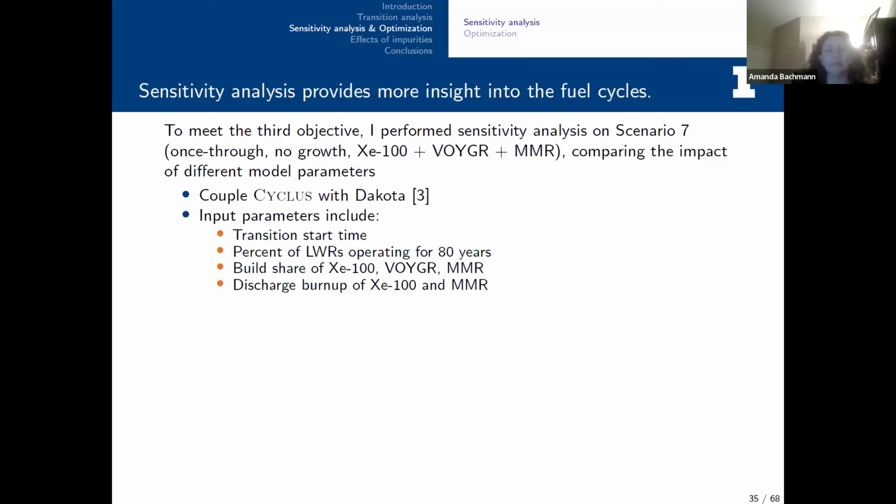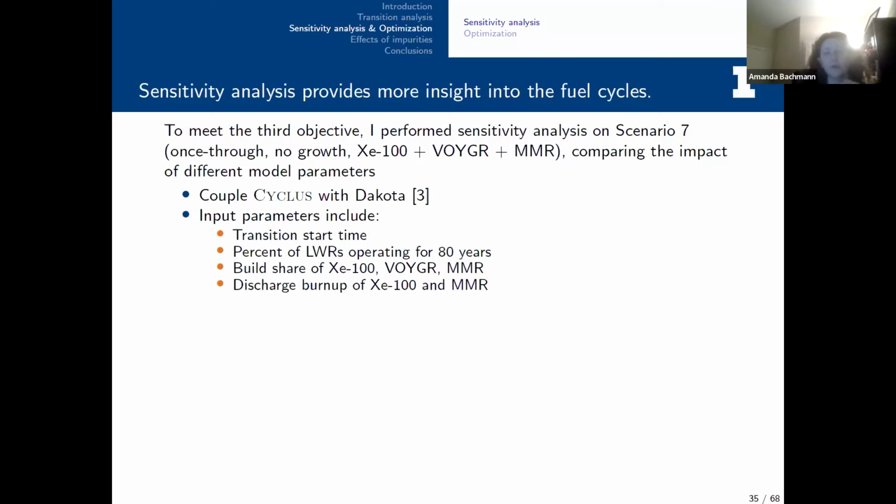Also, what happens if some of our light water reactors are able to operate for 80 years because they can get license extensions? How would that impact these results? What if we're deploying all three of these different advanced reactor designs, but we say that a certain amount has to be met through this one design instead of using that greedy algorithm?